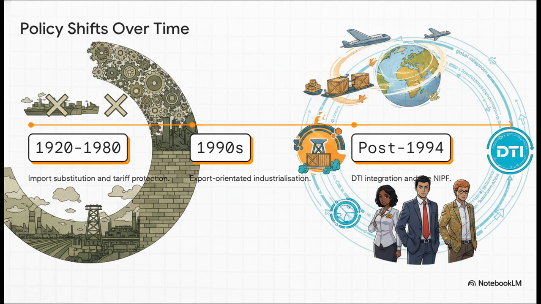But come the 1990s, we realized that just wasn't enough. So there was a huge pivot toward export-oriented industrialization. We wanted to make value-added goods and actually sell them to the world. Then, post-1994, the Department of Trade and Industry, the DTI, really shook things up, shifting our focus squarely onto global integration and structural transformation. And that's what birthed the modern policies we use today.